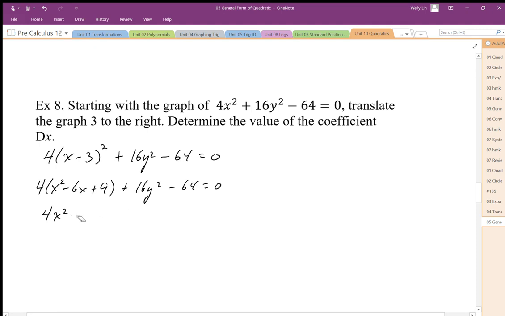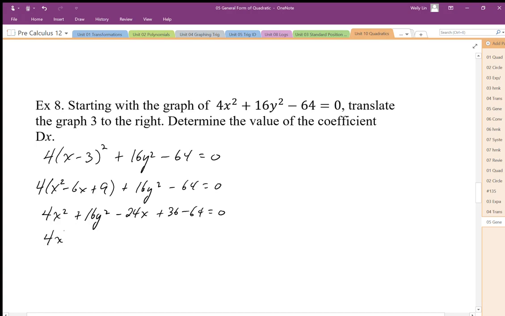So we end up with 4x squared minus 24x plus 36 minus 64. I should write this in the proper order: 16y squared, so there's my c value, minus 24x plus 36 minus 64, which equals minus 28.